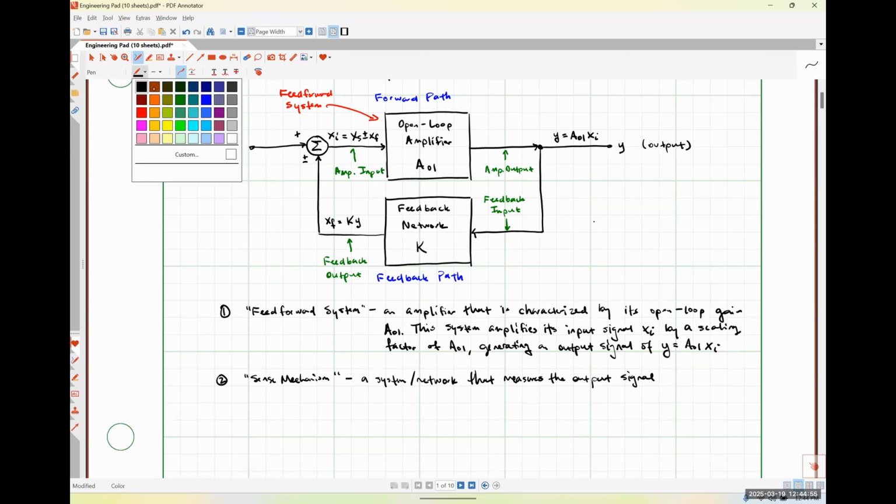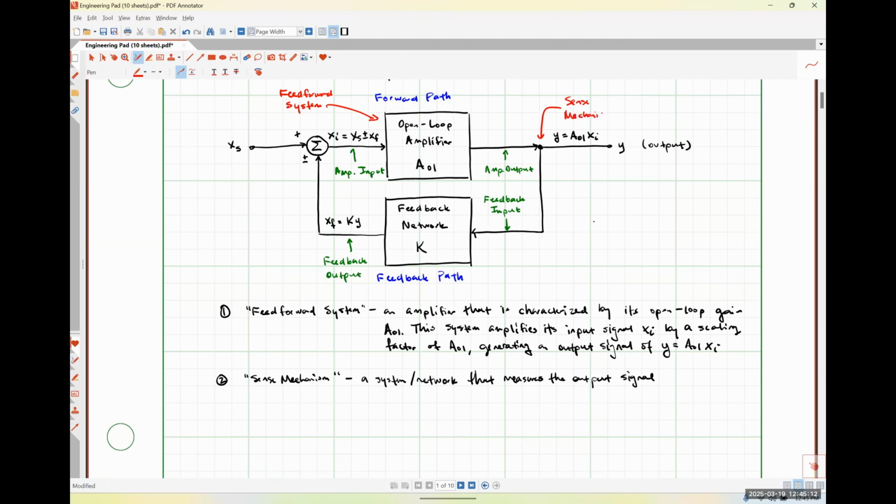In a real practical feedback network dealing with an op amp, this is usually just the load resistance effectively. So this node right here is going to represent our sense mechanism. This is where we're measuring our output.